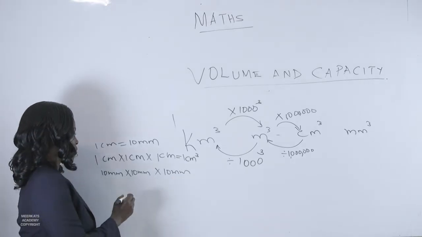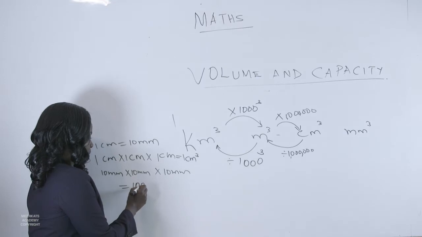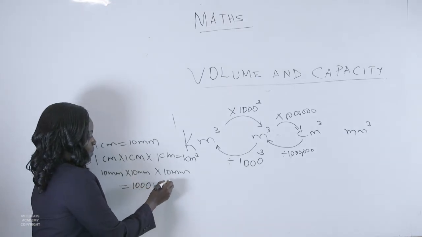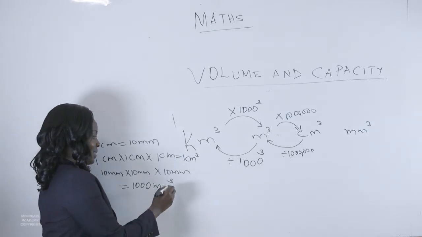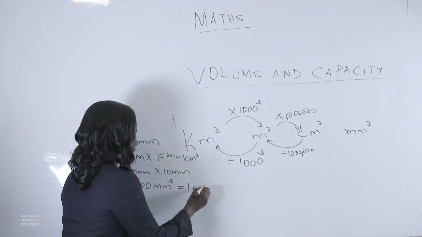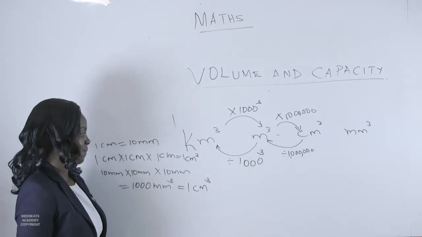So if we multiply, we get 1,000 cubic millimeters, and that is equal to 1 cubic centimeter.